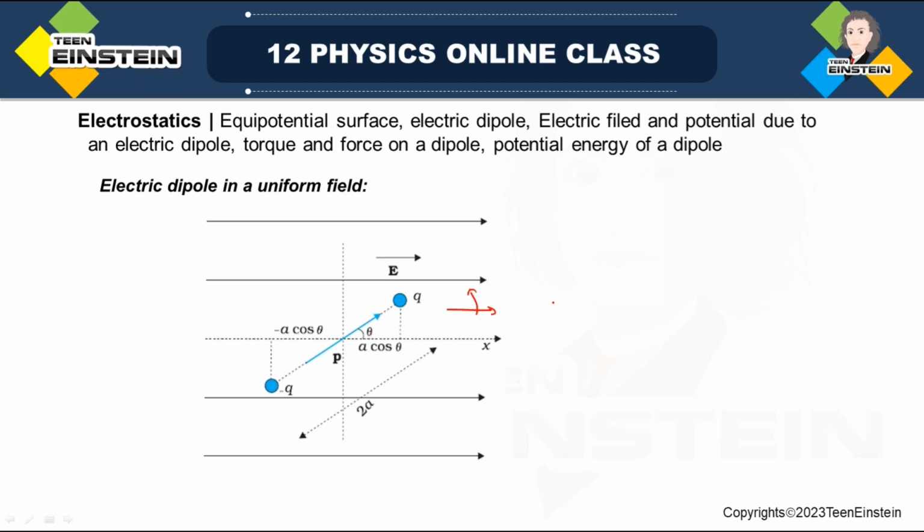So what is the work done in this case? Work done dW is, work done means force into displacement. So here it is tau into d theta. Tau is the torque, and d theta is a small angle.